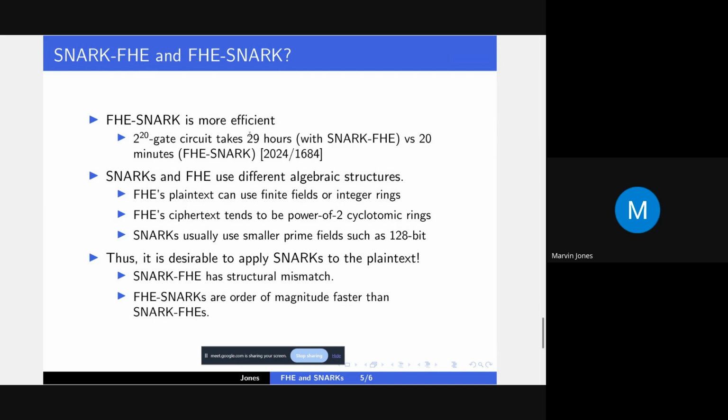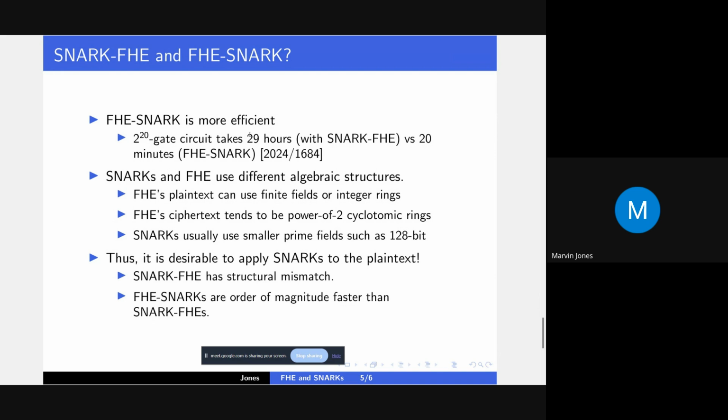I'm not sure anybody applies it yet, just because this paper, I believe, is from 2025. So I'm not sure it's actually been applied yet. But the FHE snark could essentially replace where snark FHE is used.